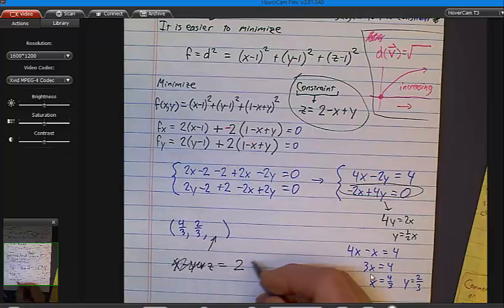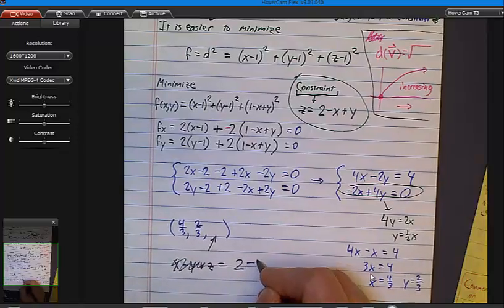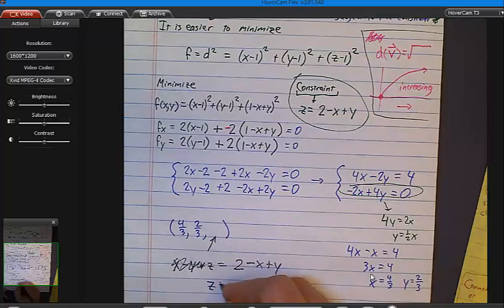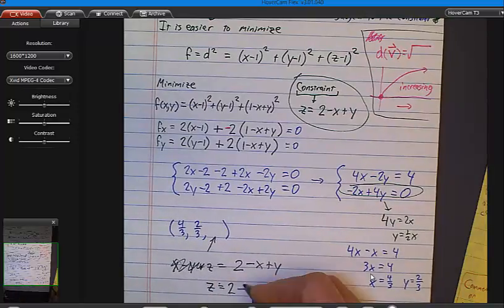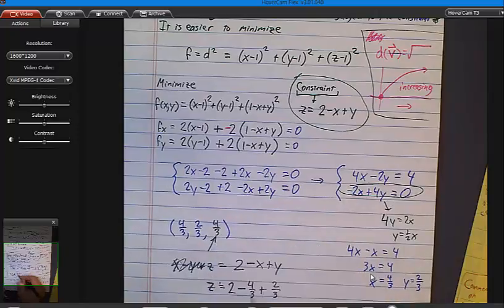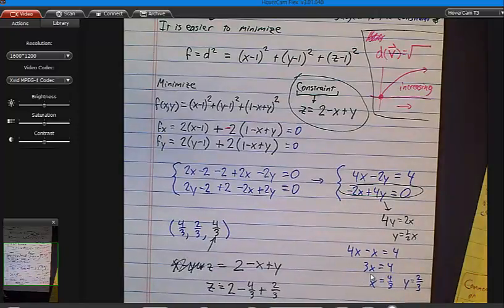I had z was equal to 2 minus x plus y, so I could just get it that way, right? And so I get z is equal to 2 minus 4/3 plus 2/3. So 6/3 minus 4/3 is 2/3 plus 2/3. You guys get 4/3? How's that look? Doable?